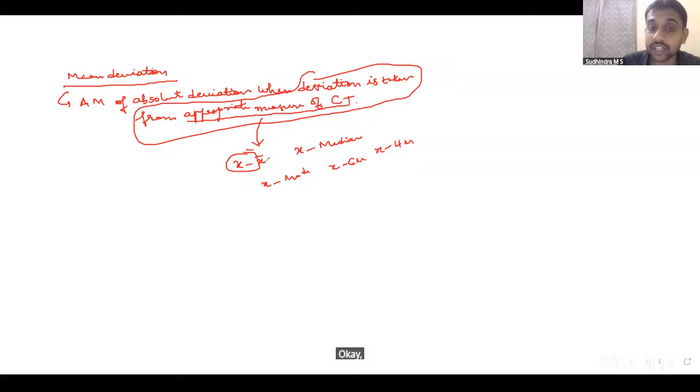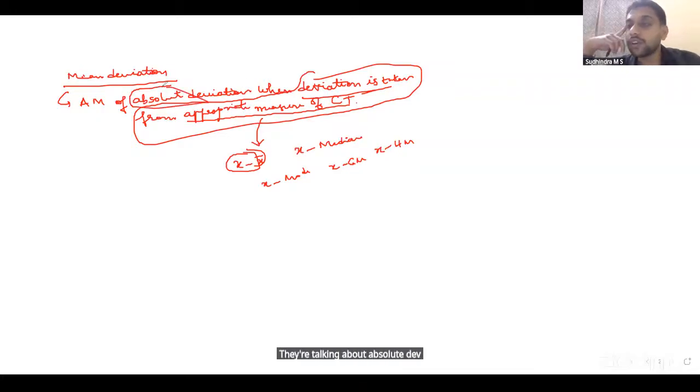It's not just the deviation that they're talking about. They're talking about absolute deviation. What is absolute deviation? Signs are ignored. Modulus. So it should be modulus x minus x bar.